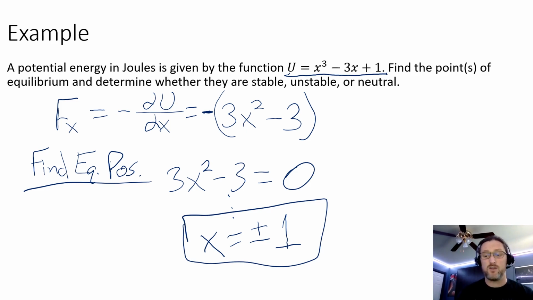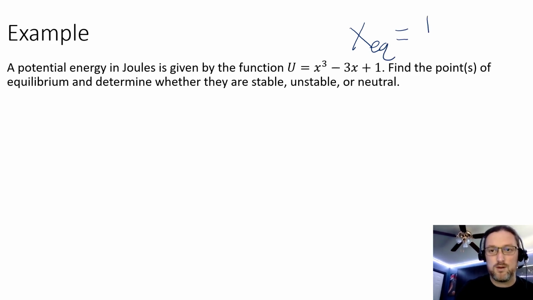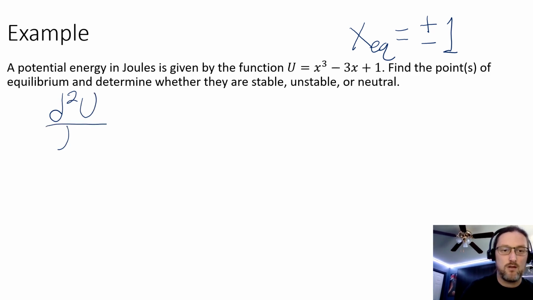Well, now I want to evaluate them. So I'm going to make my note up here, x equilibrium positions plus and minus 1, right? But I want to evaluate, and what I need to do is take that second derivative. So the first derivative was 3x squared minus 3, right?